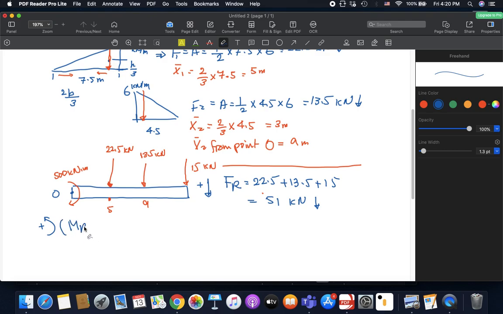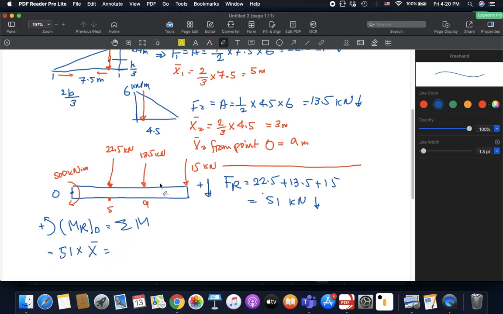The resultant moment around point O equals the summation of moments of all the existing forces. Now, this resultant comes from this resultant force. So this is Fr, which is 51. Let's assume it should be acting downwards, right? So if it's acting downwards, then it would cause clockwise moment around point O. So this is negative. So negative 51 multiplied by x bar, which is the distance.